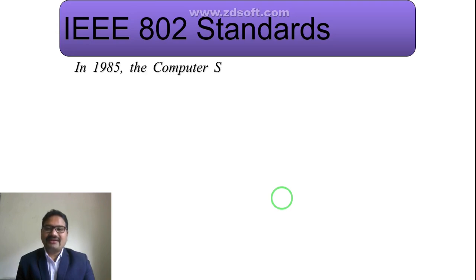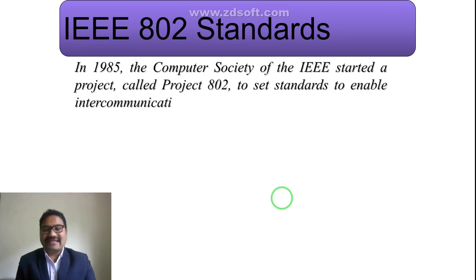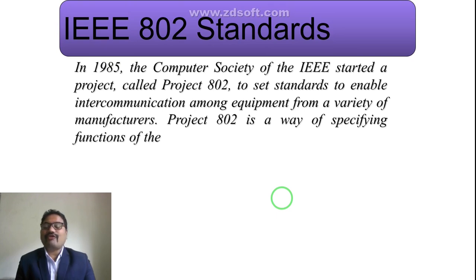Basically, in 1985, the Computer Society of the IEEE started a project called 802 to set standards to enable intercommunication among equipment from a variety of different manufacturers.